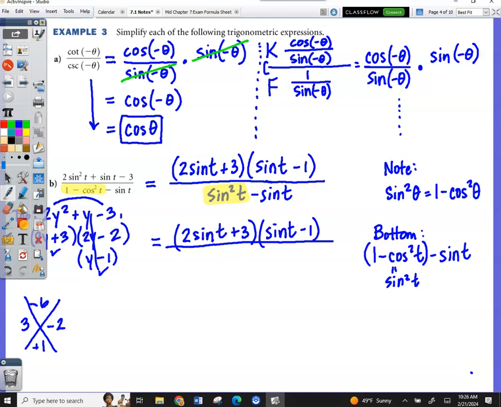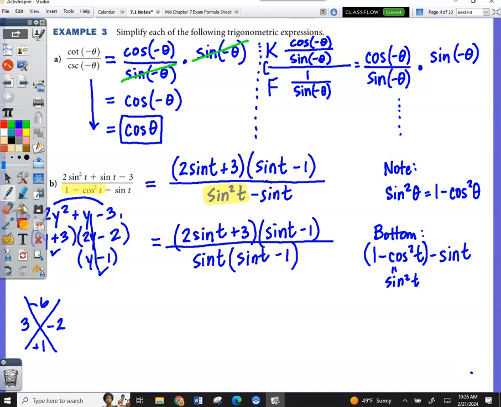I'm going to pull sine t out by factoring it like a GCF out of the bottom, and I'd be left with sine t minus 1. And what do you notice? Now, here's where some people start to get confused. They forget when you can actually cancel.